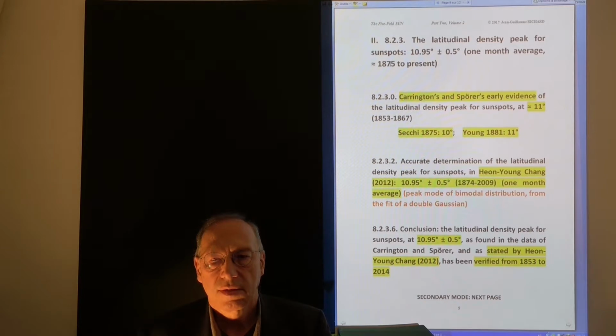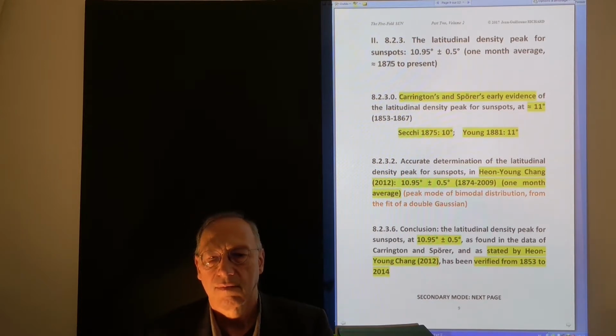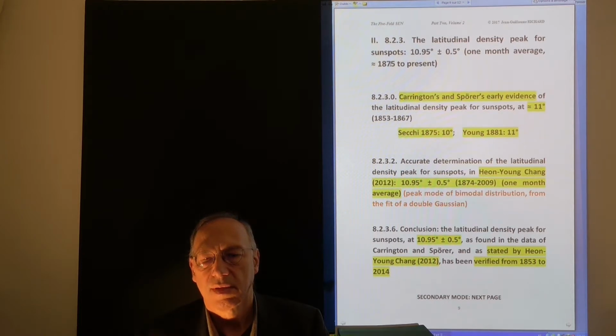First of all, let us note that in the mid-19th century there was a relatively significant database of latitudinal sunspot positions collected by Carrington and augmented by Spörer and other astronomers, in which many authors found a latitudinal density peak for sunspots at 11 degrees.